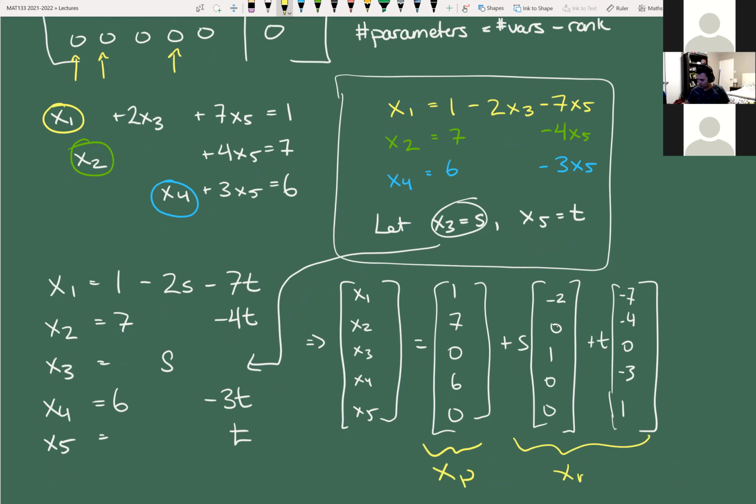This is the homogeneous solution. All right, so for those of you who have looked ahead and watched the homogeneous video, when I say every solution is a linear combination of the particular and the homogeneous solutions, this is what I mean.